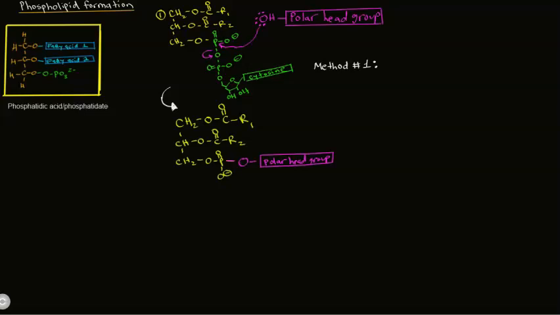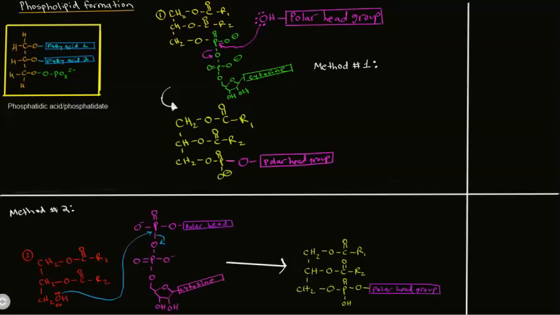Now let's look at the second way that we can form them. In the second method, right over here, we begin with a different molecule. We begin with a molecule that's known as DAG, diacylglycerol. And what's going to happen next is this CDP head group. So here we have a CDP bound to the head group, and it is going to be involved in this process.